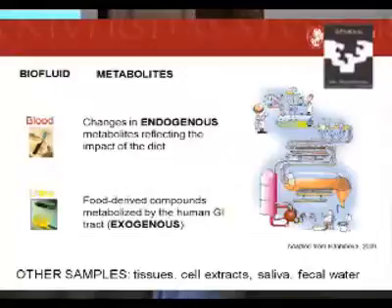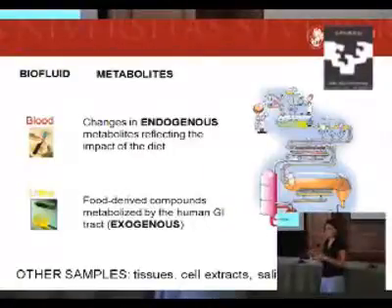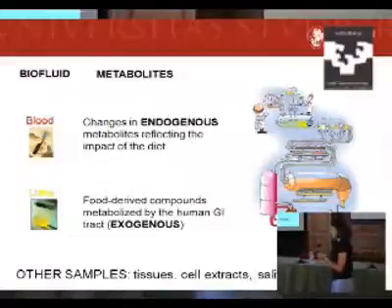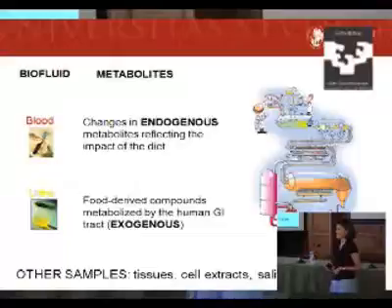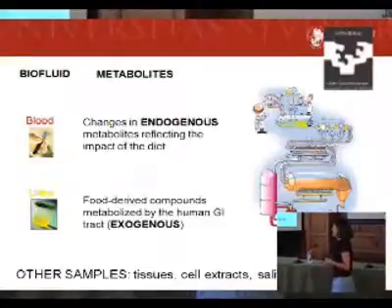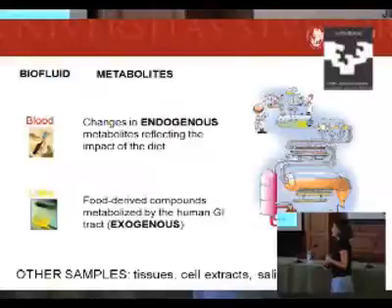Basically, baseline and endpoint, but the more you get also during the study, the better as well. And the main samples that are usually studied are biological fluids, and we have blood plasma and blood serum or urine.